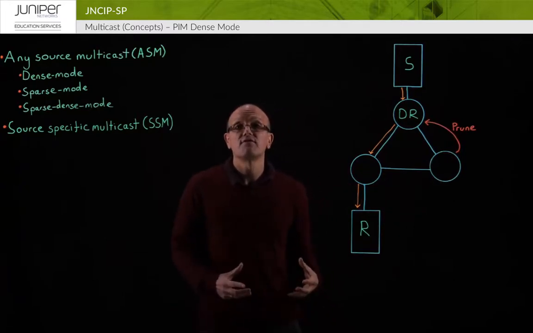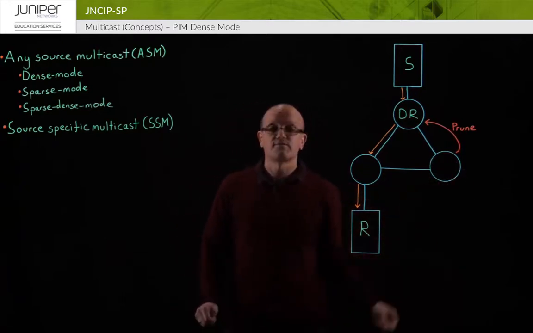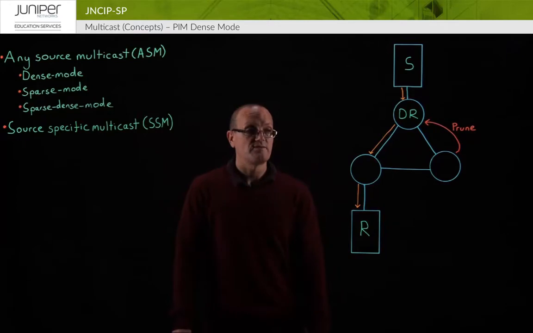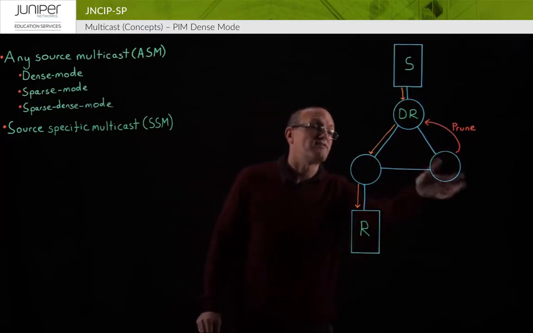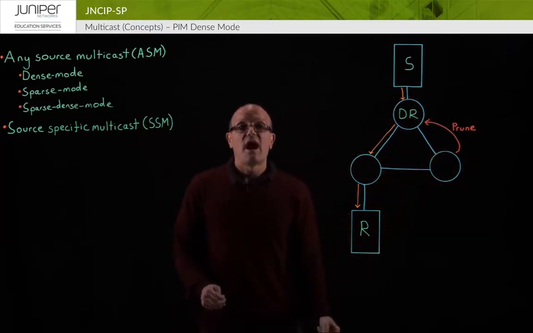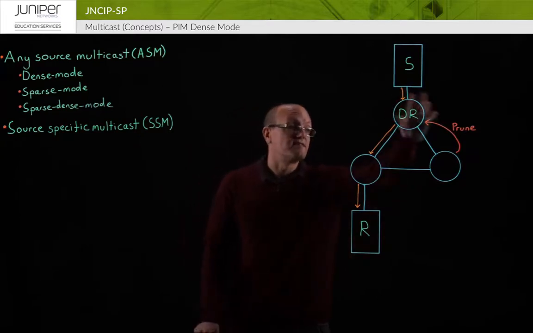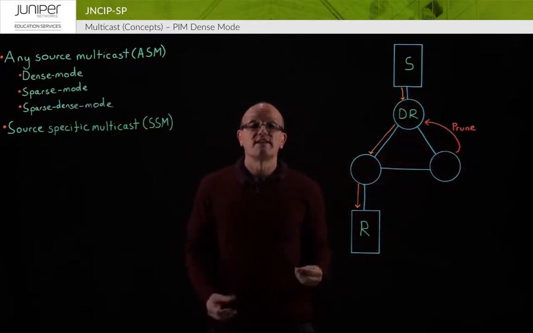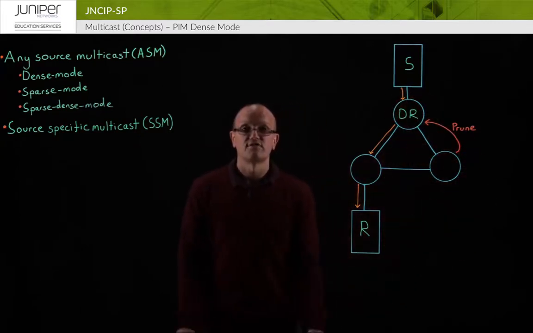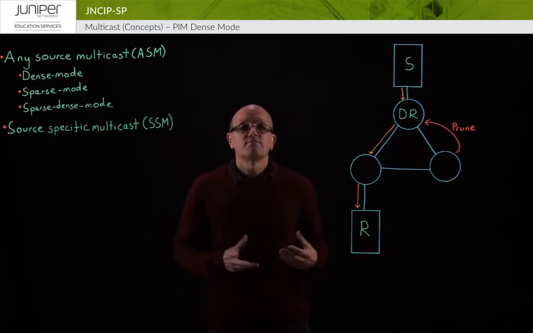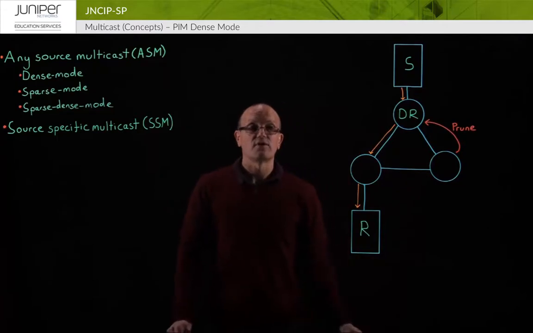If in the future a receiver were to connect to this device, he could rejoin the tree by sending a graft message upstream, and then traffic will be redelivered to him, and he can onward deliver it to that newly connected receiver.